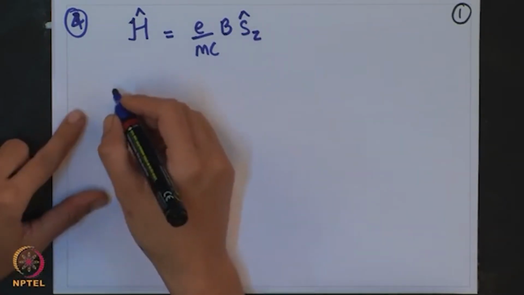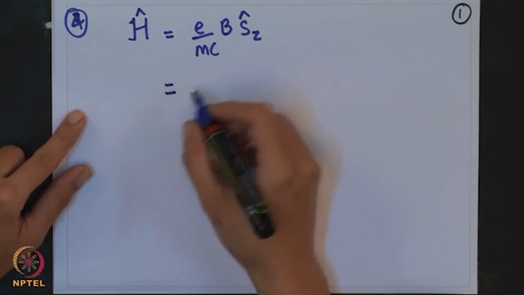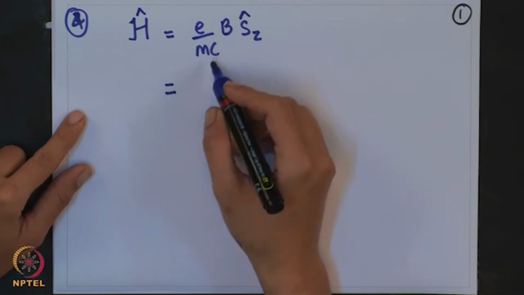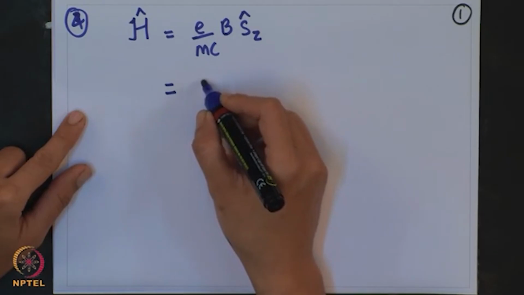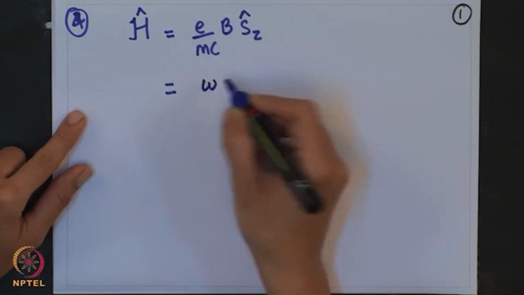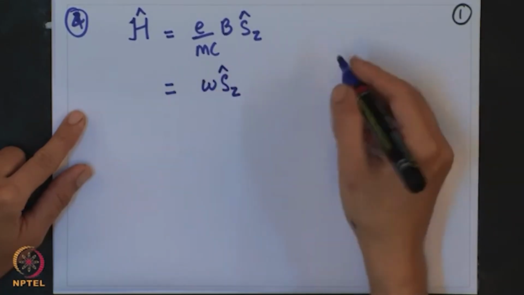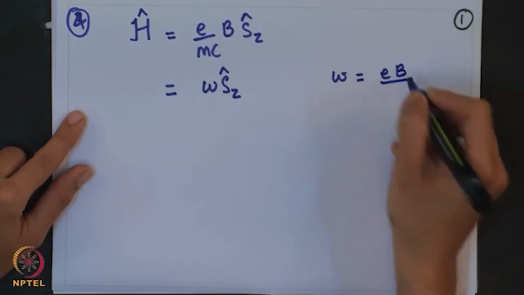We will rewrite this in terms of omega first. So, omega is eB upon 2mc. So, here I will write omega Sz, where omega is eB upon mc.